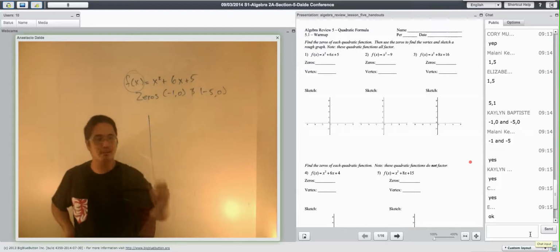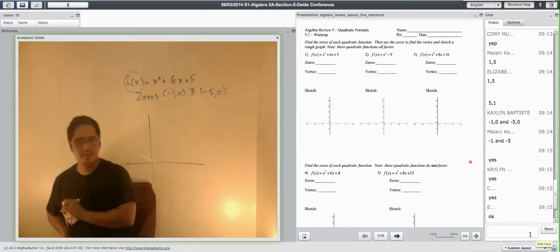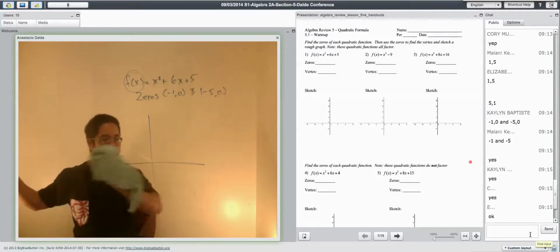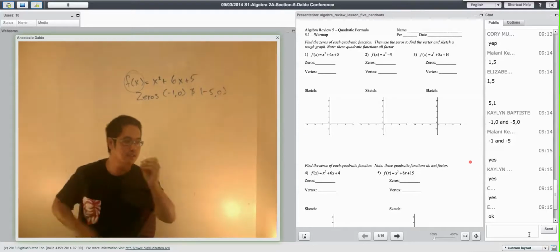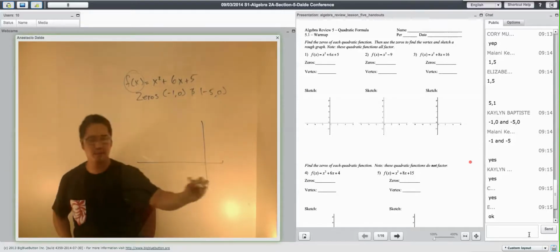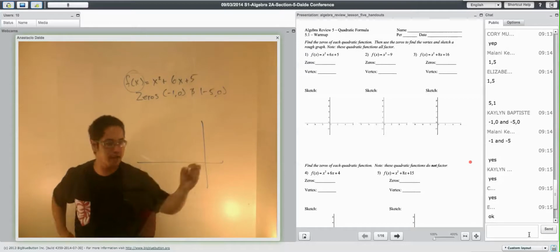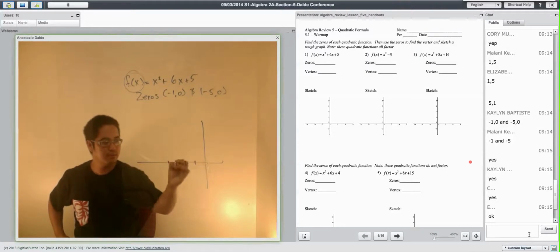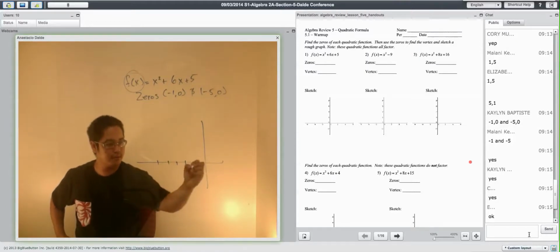Let's figure out, let's see. We want to graph this thing. Actually, I should probably make this thing more like this. If we want to graph this thing, we know that the zeros are at -1 and -5. So it's 1, 2, 3, 1, 2, 3, 4, 5. So -1, -5.